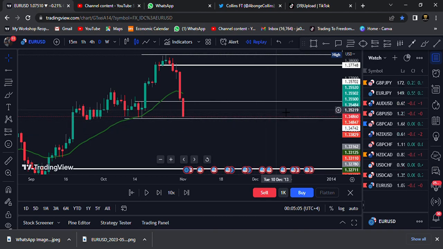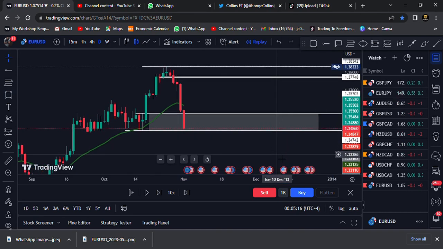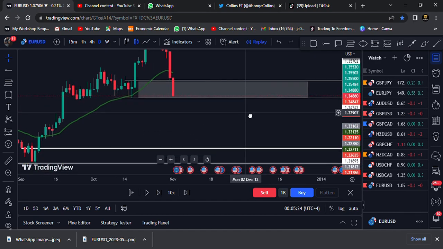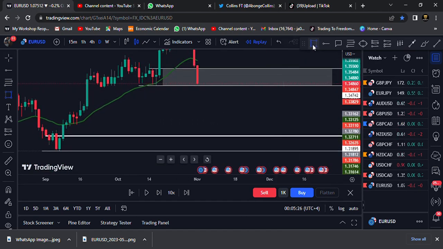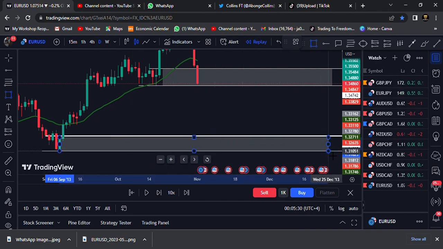Some traders will do something like this. They will call it demand and supply. However you call it, it is still the same thing. I call them levels.